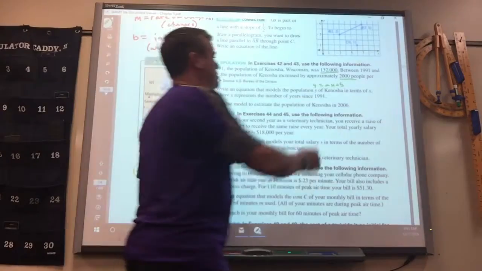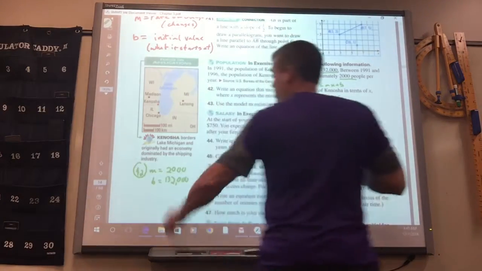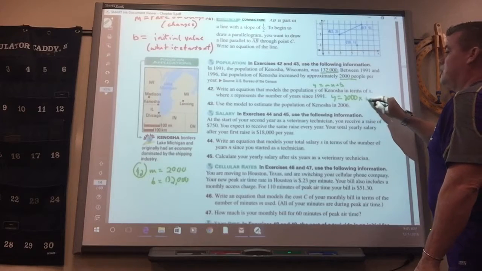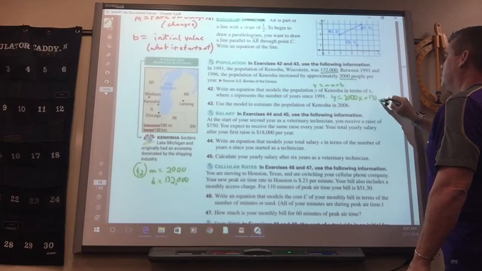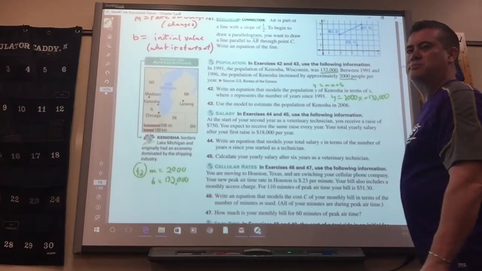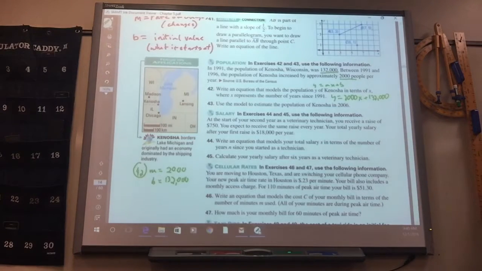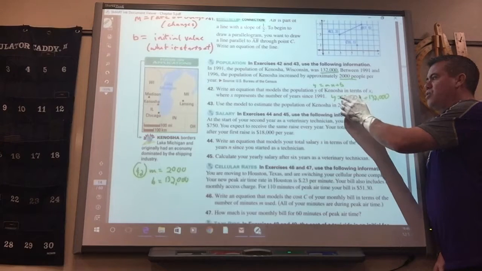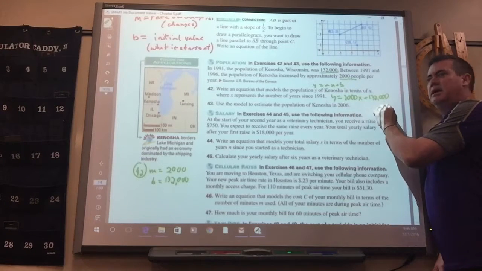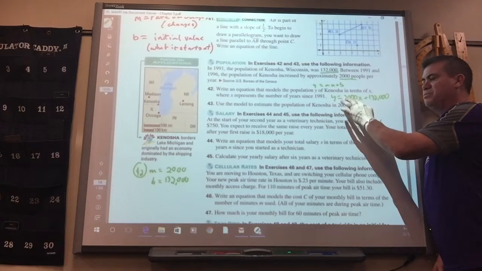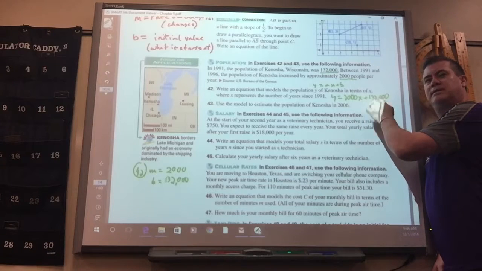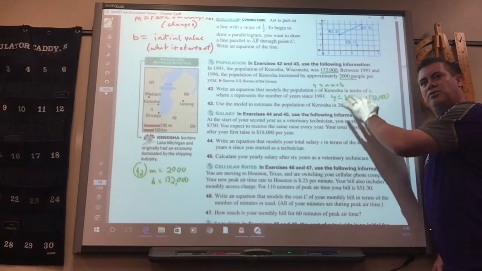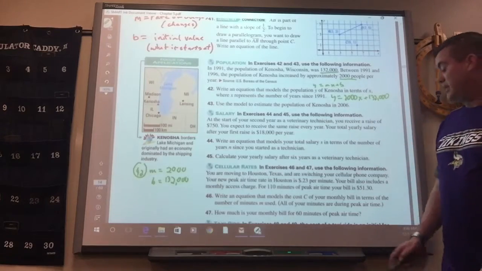The equation is y equals the change, 2,000, x plus 132,000. Which makes sense. In year 0, it didn't change at all, so y would equal just this. In year 1, it went up 2,000, so 2,000 plus that. In year 2, that would be 4,000 plus that. In year 3, it'd be 6,000, and so on.